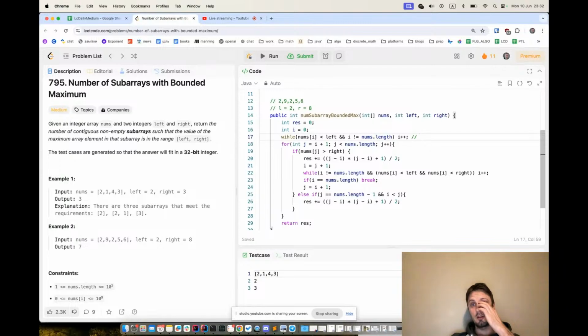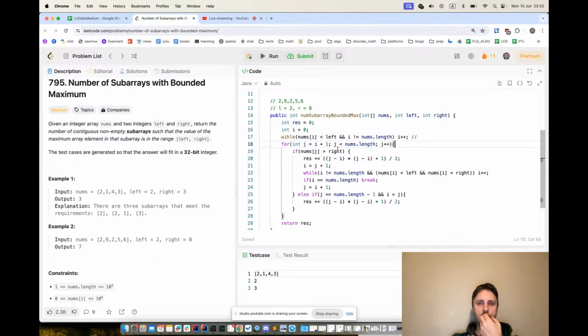We are checking nums[i] is less than left, so 2 is less than left, no. So I'm not going here.